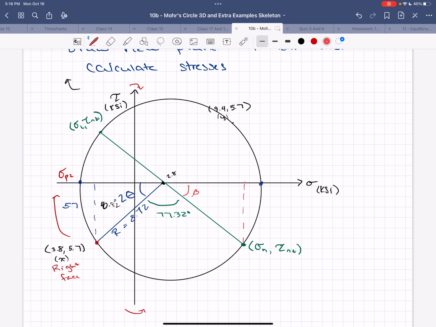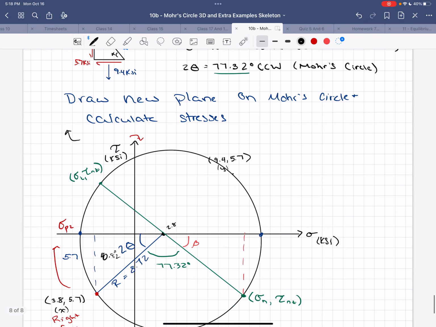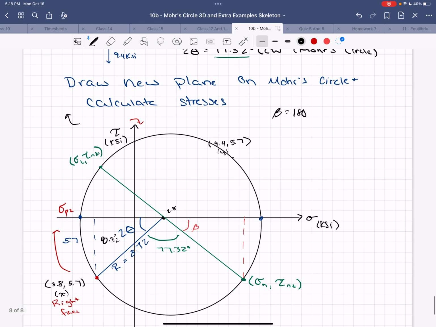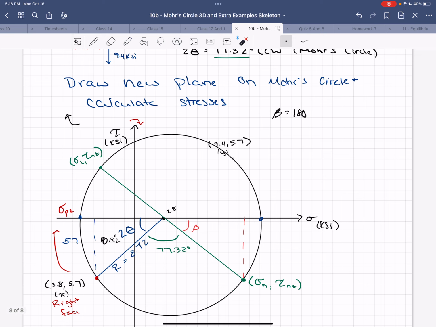So we can say that beta equals 180, because we're going to start with using this whole line. We know this line is 180, we know 2 theta, we know this is 77.32, so all we don't know is beta. So that's what we're doing. We know it's 180, subtract 40.82, subtract 77.32, and we get beta.